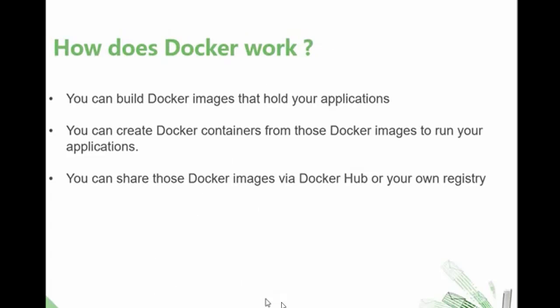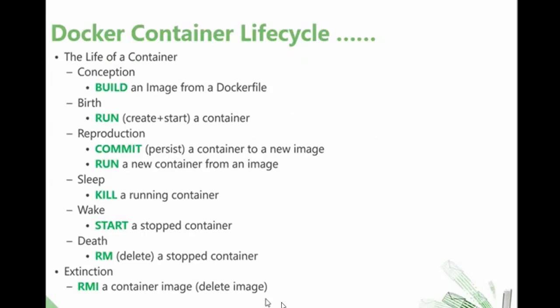How does Docker work? You can build Docker images that hold your applications. You can create Docker containers from those Docker images to run your applications. You can share those Docker images via Docker Hub or your own registry. So, the Docker container life cycle. The first is construction, which means building an image from a Dockerfile.